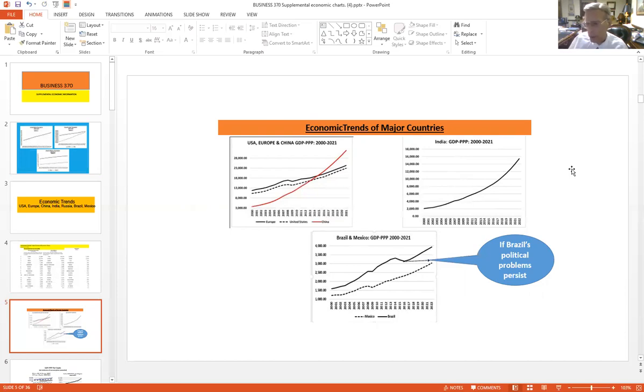Over on the right, we see India's GDP growth and purchasing power parity. And you can see that it also has this uptrend. It's accelerating. The growth rate is accelerating. Referring back to Brazil and Mexico, we see Mexico on the bottom again, but growing.